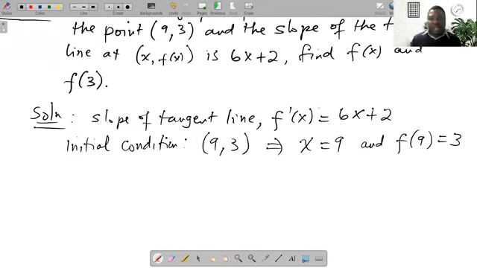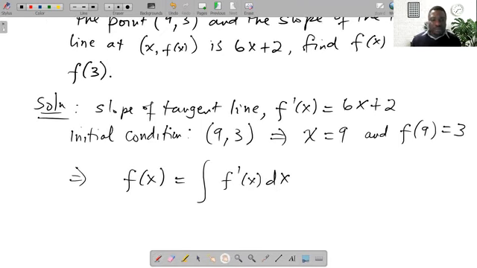Remember that the antiderivative of the first derivative is the initial function itself. So based on what we have written, we know that f of x will be equal to the integral of f prime of x dx. So this is just the integral of 6x plus 2 dx.